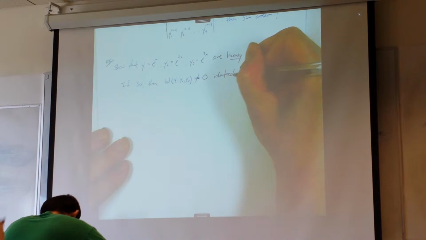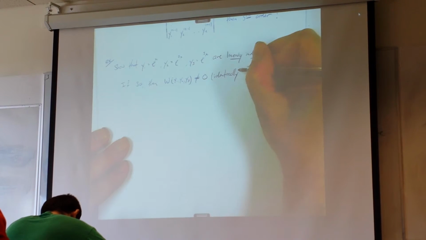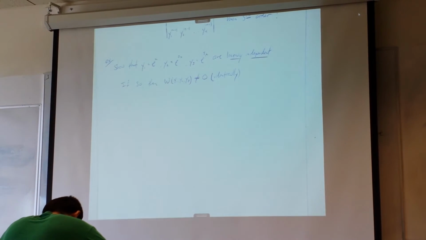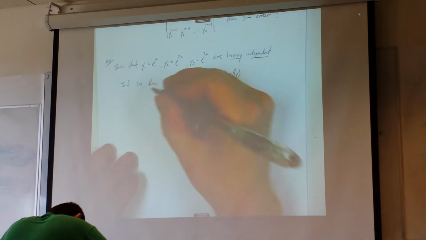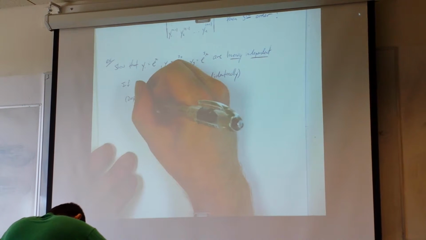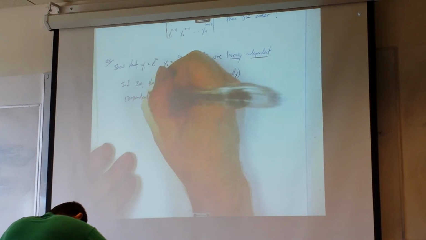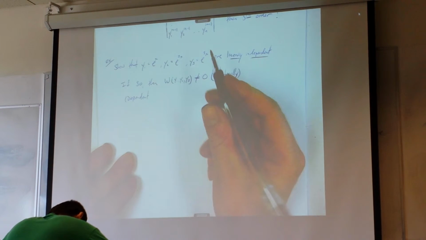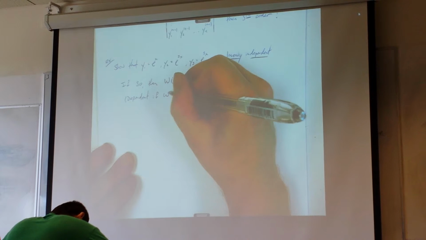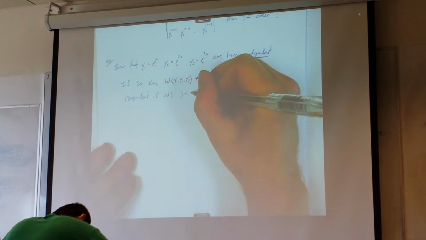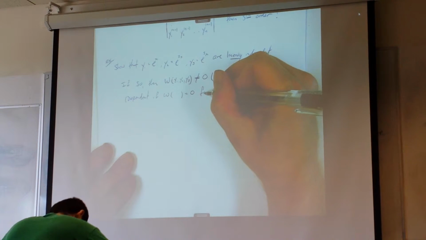It could be 0 at points, but at least so long as it's not 0 over every number in the interval that we're interested in. And in parentheses, I'm just going to say they would be a dependent set of functions if the Wronskian does equal 0 for all x.